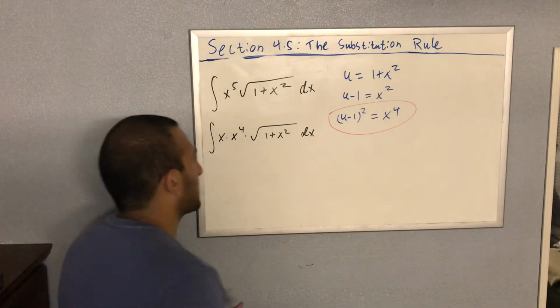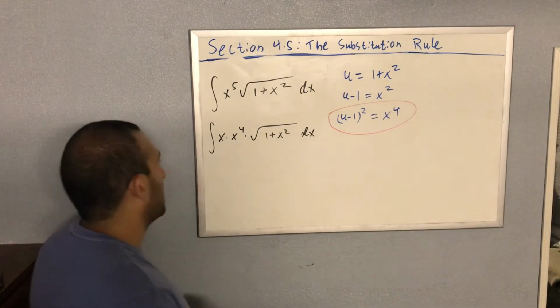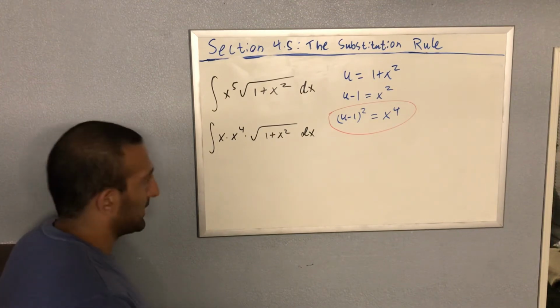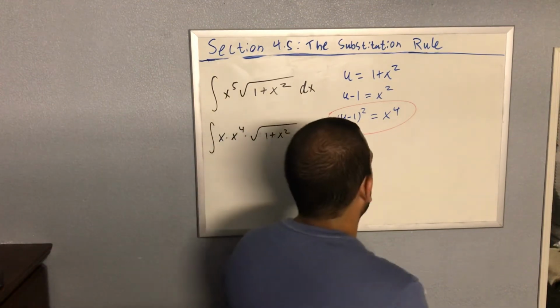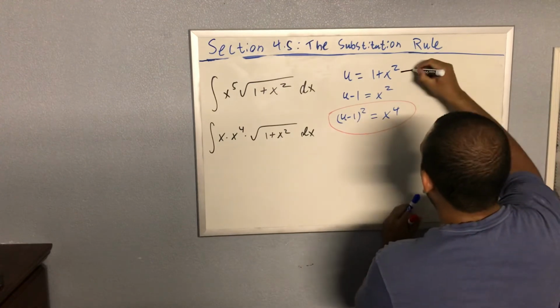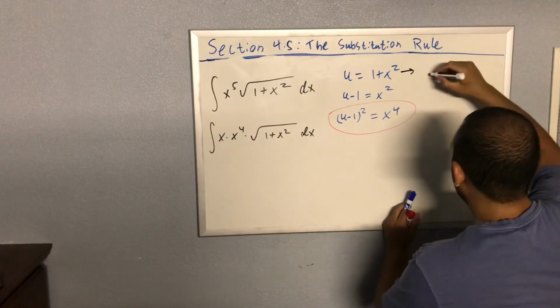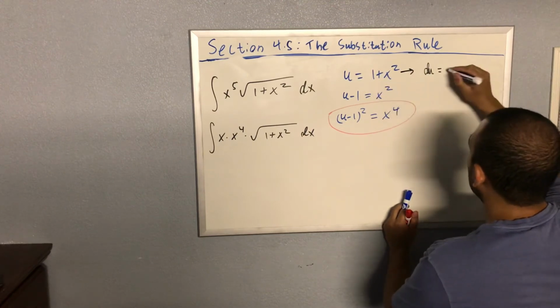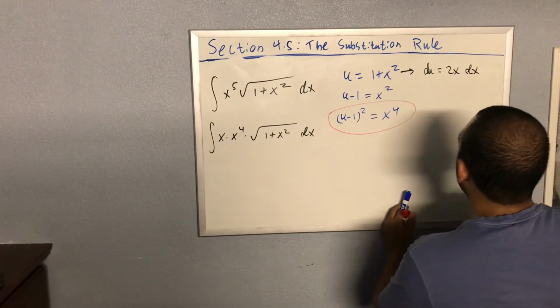Now you may ask, what about this trailing x here? The trailing x is, if we work this out, if you take the derivative, this means that du is the derivative of this, which is 2x dx.